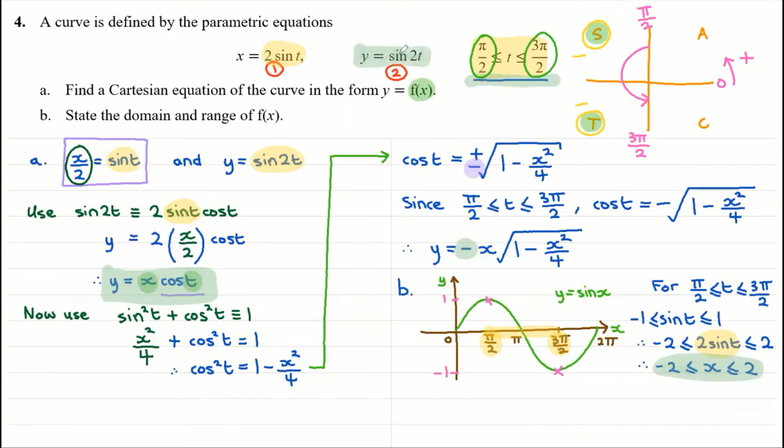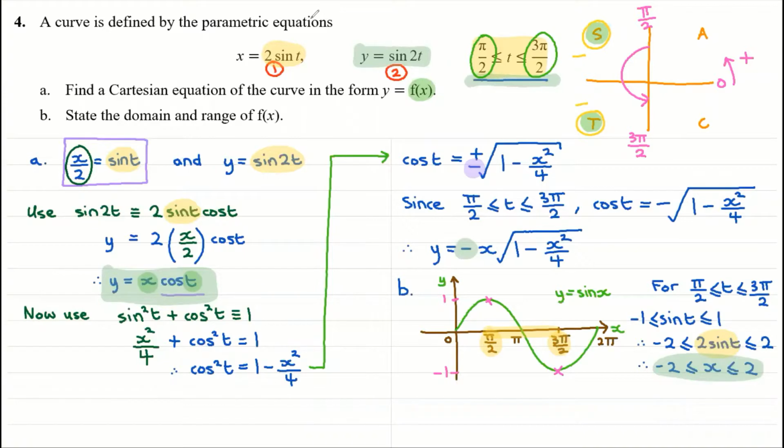Now, sine 2t, because we've got the 2 inside, you could sketch this. In fact, I will. I'll sketch on the same axes. It doubles the period, essentially, because it's inside the function.